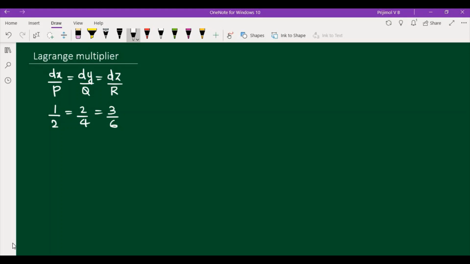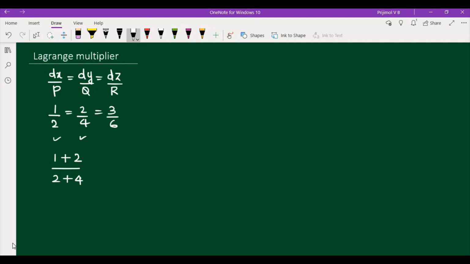If I consider only the first and second ratio, these ratios are also equivalent to, I am adding the numerators and denominators of both the ratios, 1 plus 2 divided by 2 plus 4. So numerators I have added and denominators also I have added, which is nothing but 3 by 6, which is again 1 by 2.